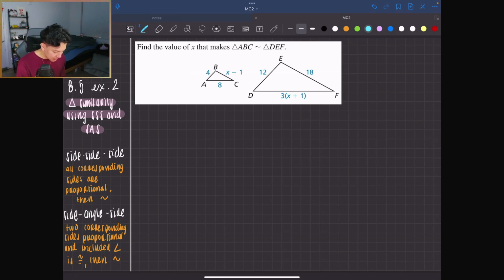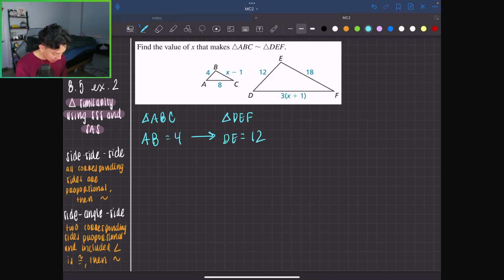So let's try to compare these already. To go from AB in triangle ABC, which is equal to 4, we have to compare this to what corresponding side in triangle DEF? We're going to compare this to DE, which is equal to 12.